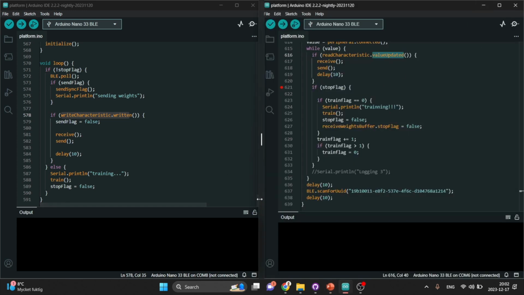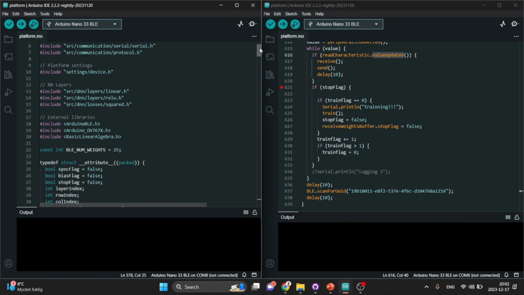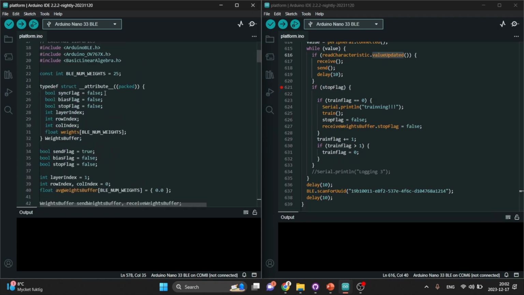Something really important before going into the handshake is that we have a number of weights of 25 in both devices, weights of floats. So multiplying that by 4, you have 100 bytes. If you go to the documentation of the Arduino, the limit is around 500.